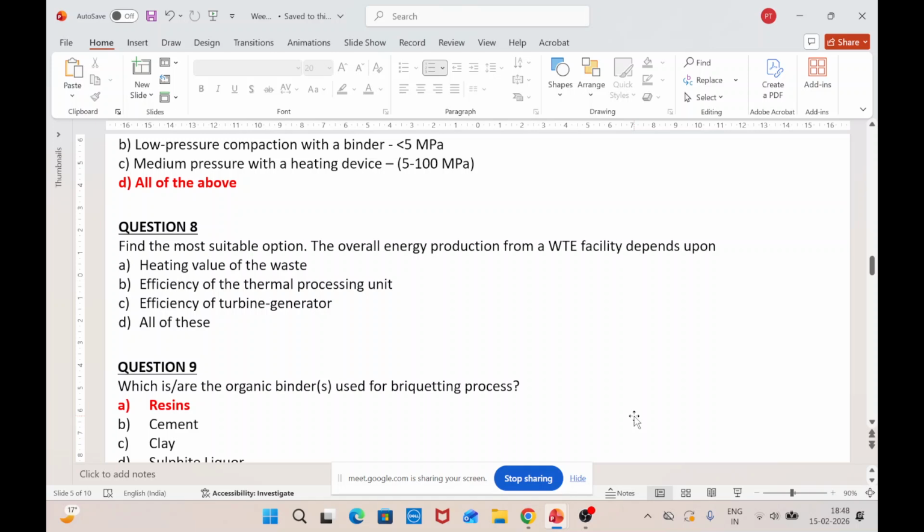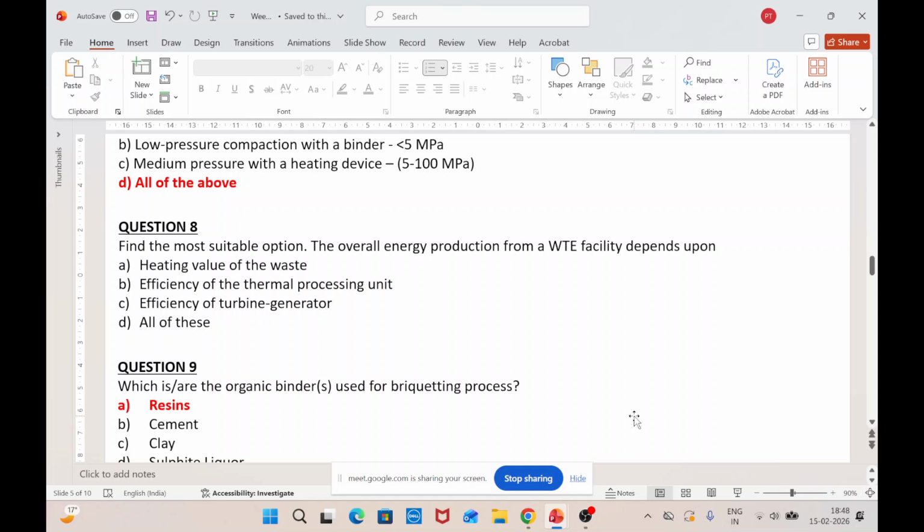The major reason is that the binders are usually soluble in water. So if you provide a more moist condition, the binders may get dissolved, fragmentation may happen, and the binder may lose its quality. In order to prevent that, the briquettes are usually stored under dry conditions.